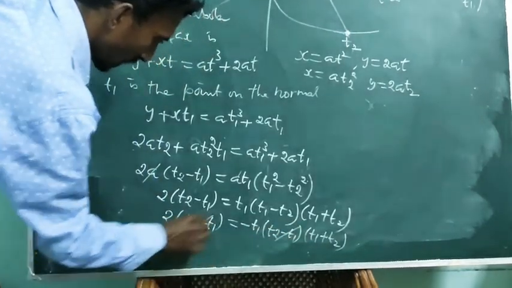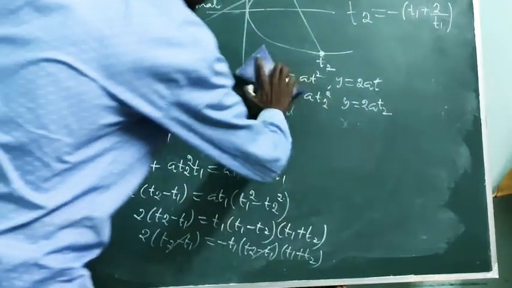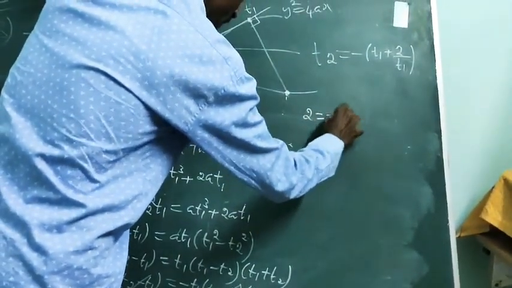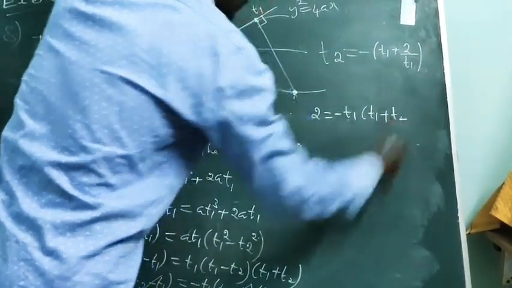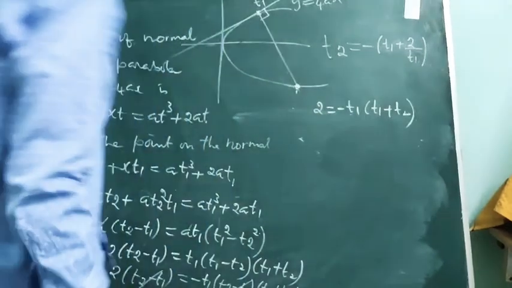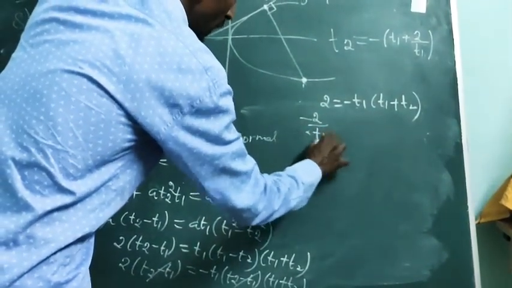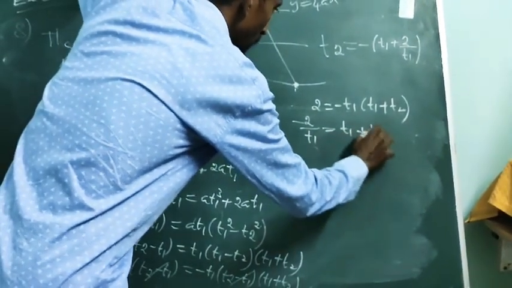So this cancels. So we are getting 2 equal to minus t1 into t1 plus t2. Just cross multiply. Minus 2 by t1 equal to t1 plus t2.